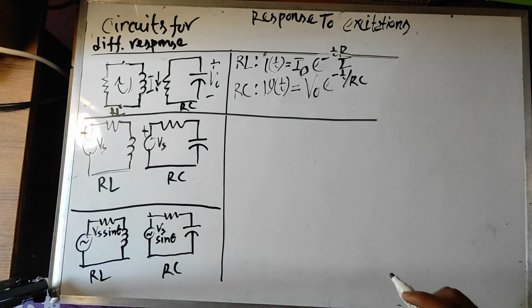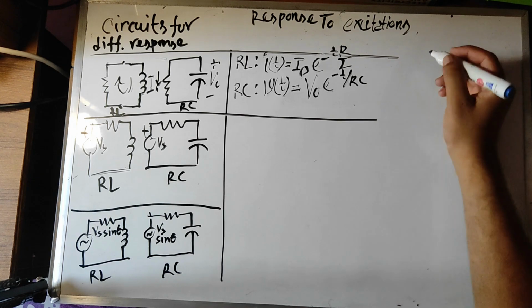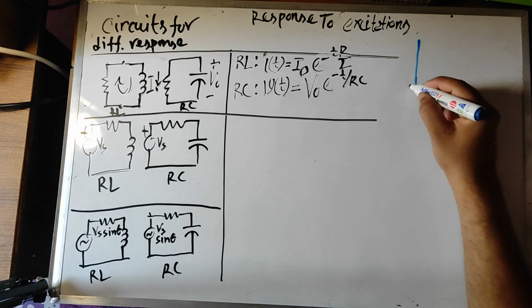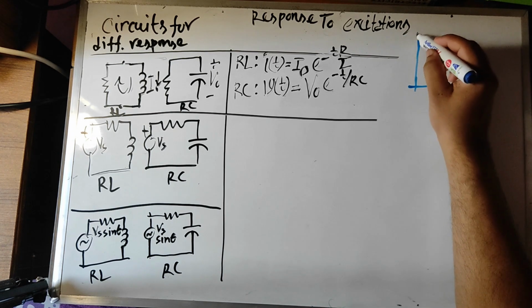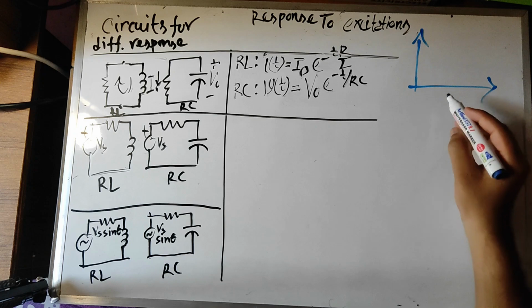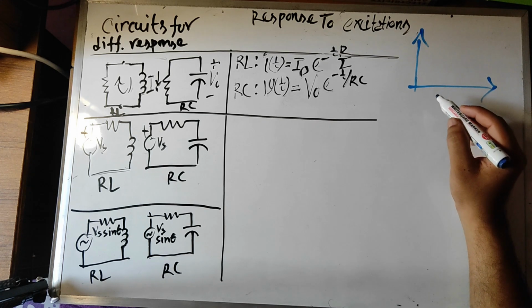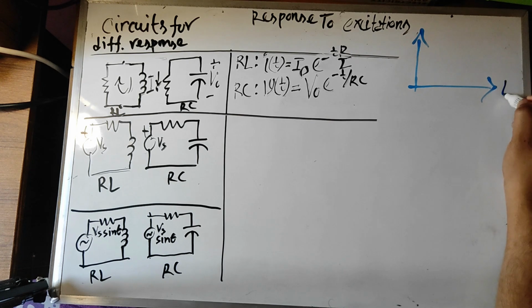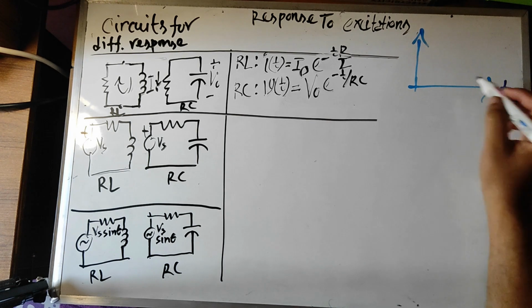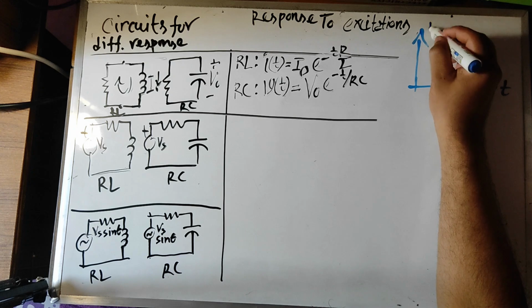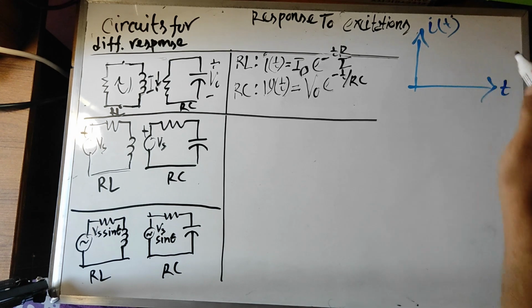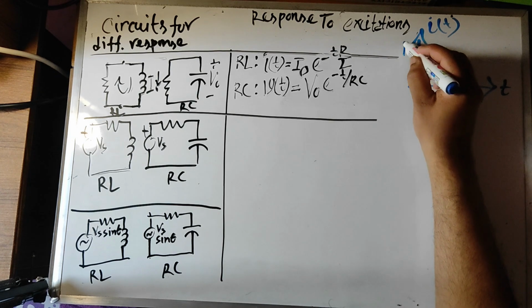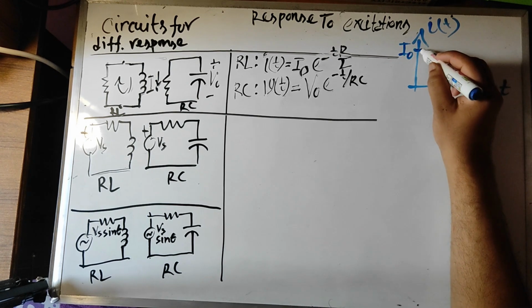So let me show you the graph in colors. For the source free RL response, here is time t, and this is obviously i(t). Say this is I0.